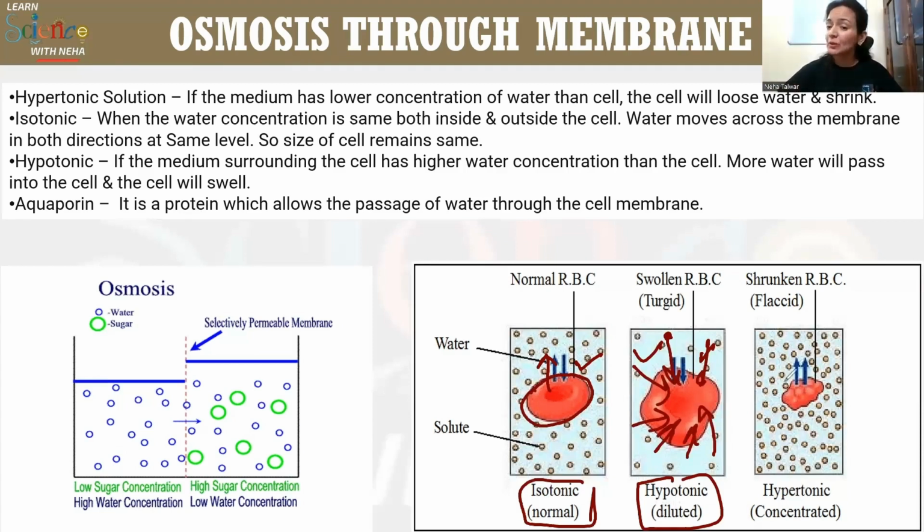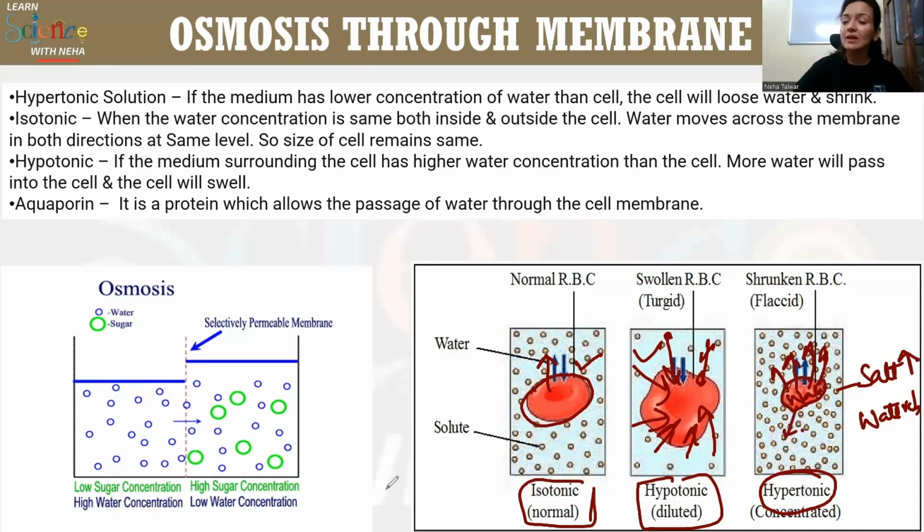But if I take the potato in a hypertonic solution, in which salt is more, water is less as compared to inside, then water from inside will start moving from higher concentration towards lower concentration of water, and that's how the potato will shrink. So this is how you can see the size difference if you put a potato in different kinds of medium.